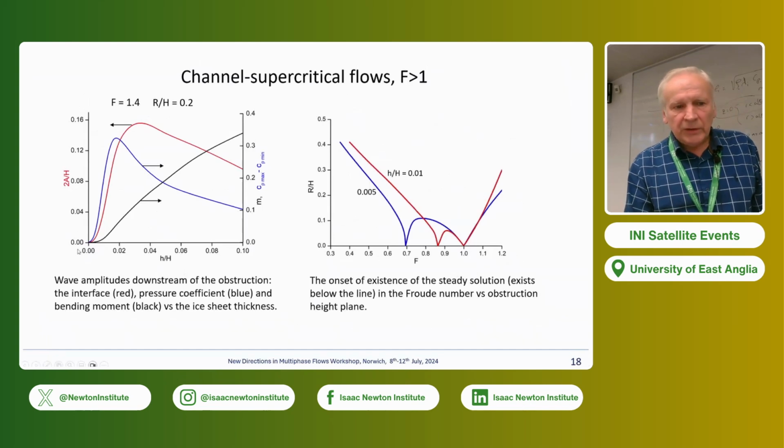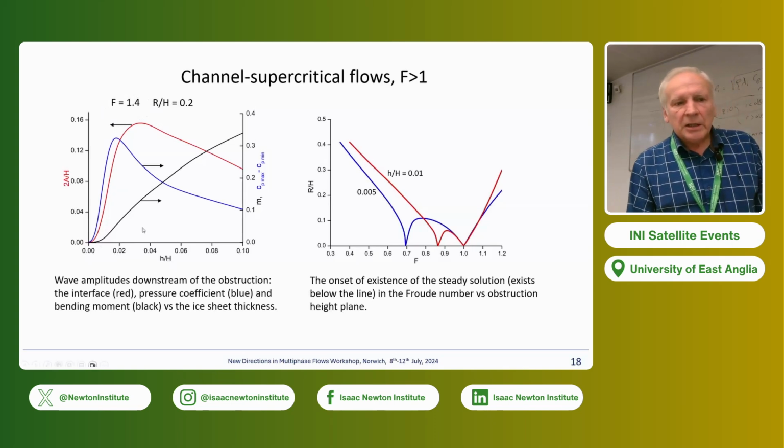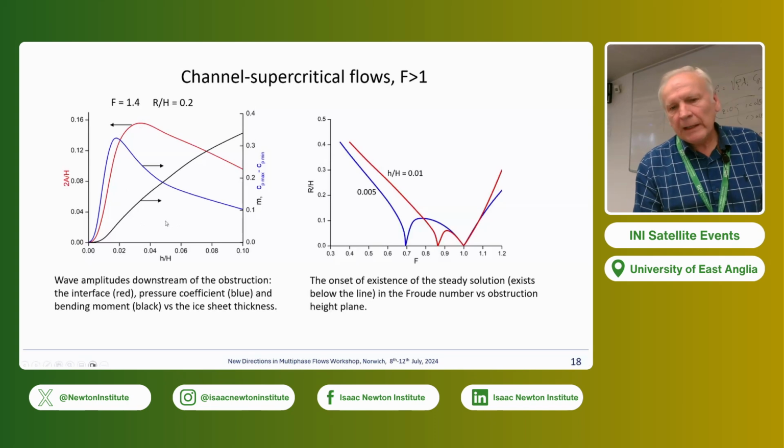Here is shown the behavior of the elastic sheet for supercritical flow as a function of the ice thickness. We can see there is a maximum for the amplitude of oscillation, and also there is an amplitude of oscillation of the pressure coefficient.